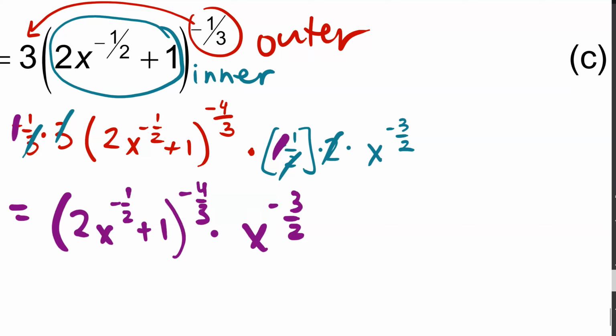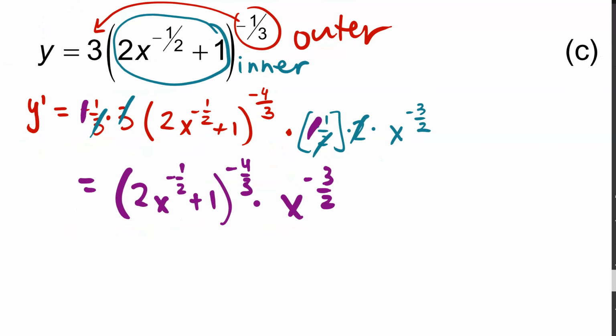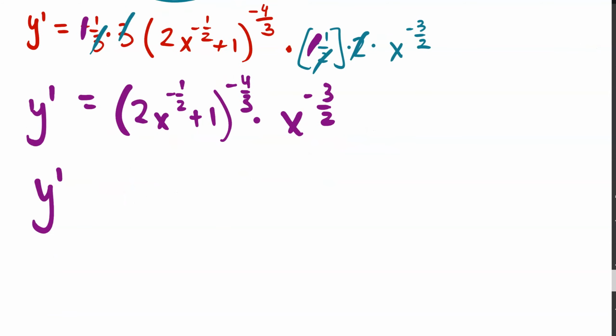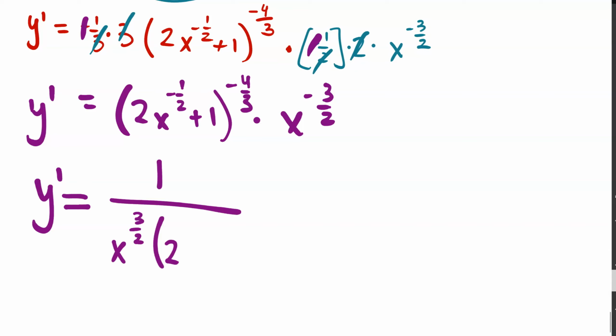Okay, now we can simplify that. Now I can write this as 1 over x to the 3/2 times 2x to the negative 1/2 plus 1 to the 4/3.